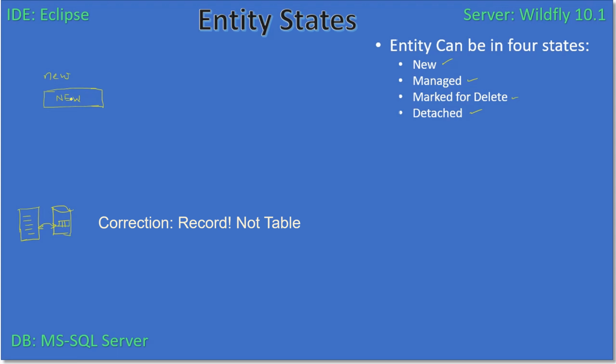So that's why the new state comes into the picture. New means the object is created and it is living in the heap, and it is not yet attached to any database record. Of course it's new, right? Using the new keyword we are creating it, so it's not attached to any database record.